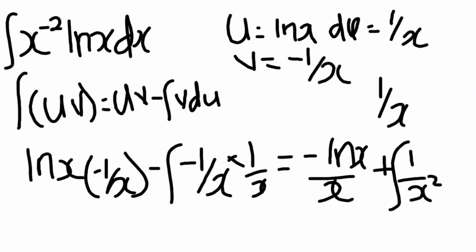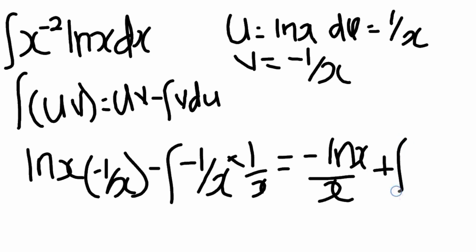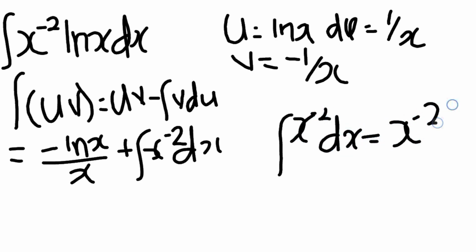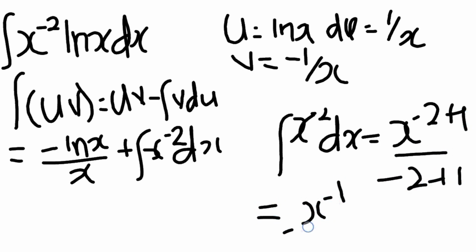So instead of having 1 over x squared, we're going to have plus the integral of x raised to the power of minus 2. The integral of x raised to the power of minus 2 dx is going to be equal to x raised to the power of minus 2 plus 1 over minus 2 plus 1, which is equal to x raised to the power of minus 1 over minus 1, which is equal to minus 1 over x.